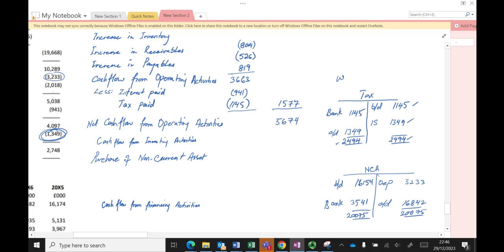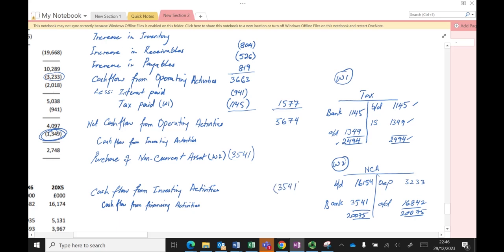I should name it as working number 1 and working number 2, and I should give reference working number 1 and working number 2. 3541, and then I have to write cash flow from investing activities, that is (3541).